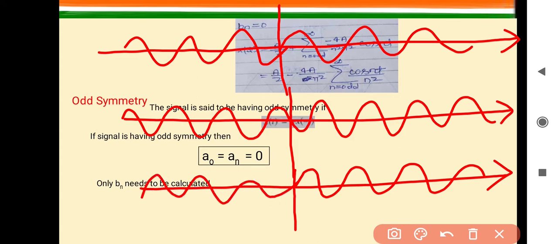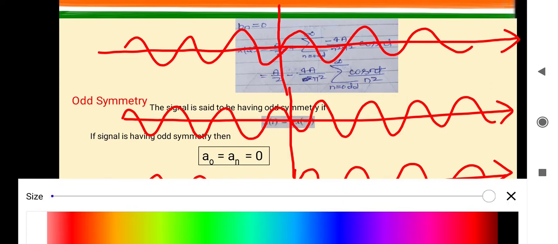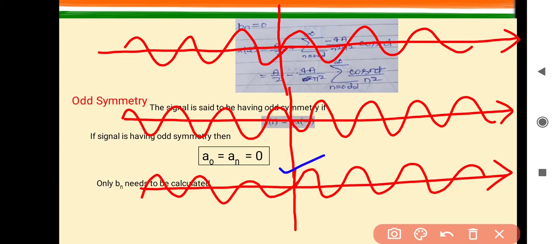So this signal and this signal are both the same. After the two reversals, once about the y axis and once about the x axis, we get the same signal back, and this is the convenient way to identify whether a given signal has odd symmetry or not.